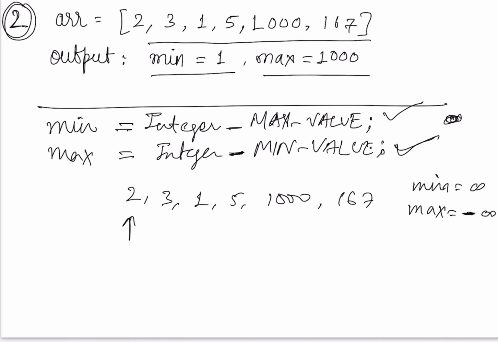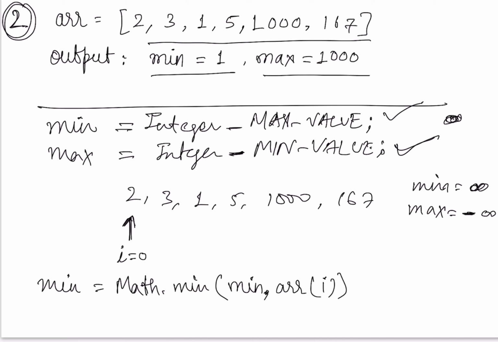For the first time we are at I equal to 0 index. Minimum value is Math.min of the current minimum and the value currently at this index. And same for maximum value, Math.max of the current max as well as this current value.